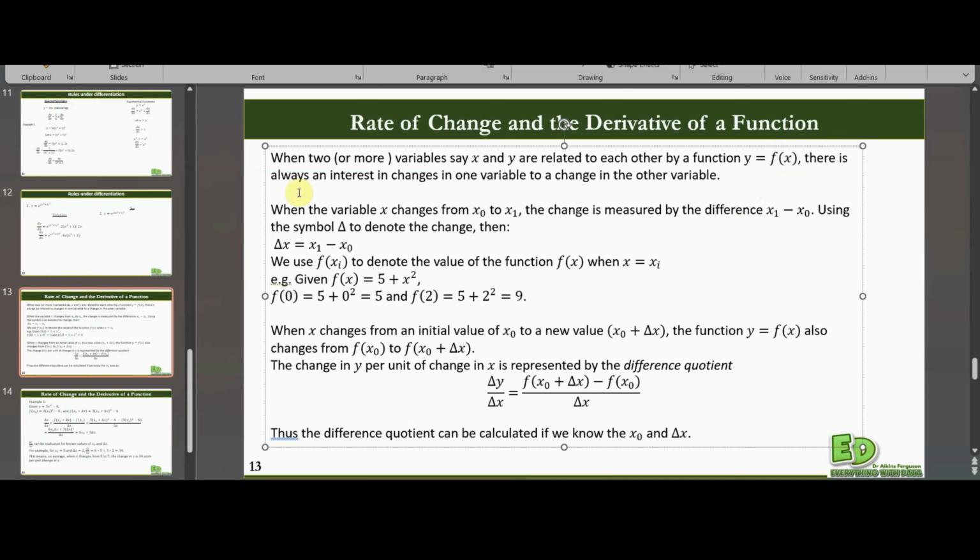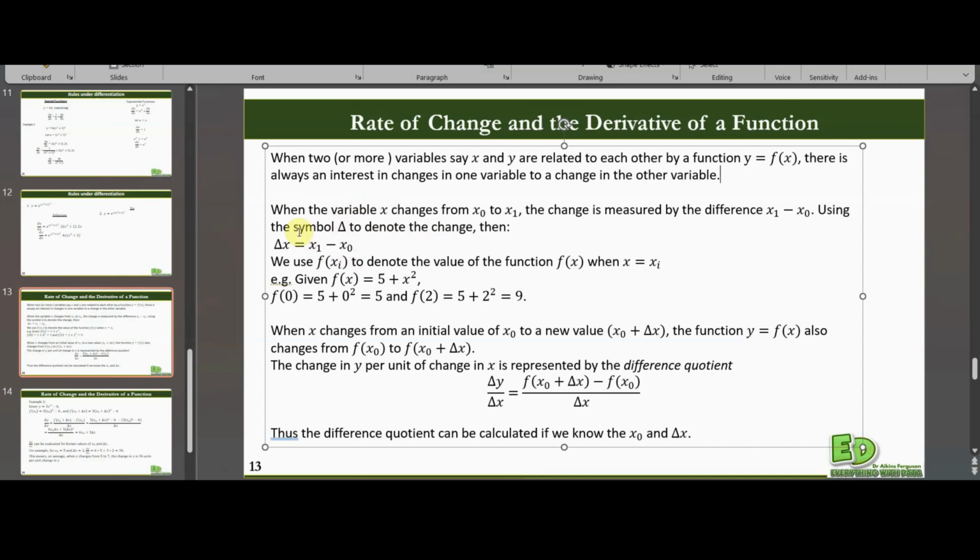Okay. There is always an interest in the changes in one variable to a change in the other variable, right? When the variable x changes from x subscript 0 to x subscript 1, the change is measured by the difference between x1 and x0, or x1 minus x0, using this small triangle symbol to denote the change.